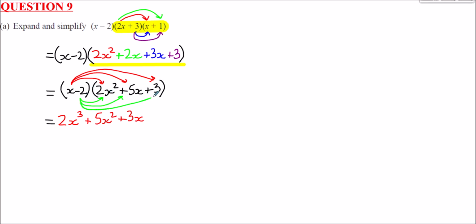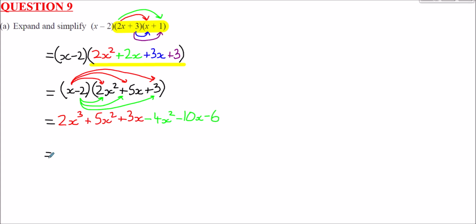And if we do that, I'll get minus 2 multiplied by 2x squared, which is minus 4x squared. Minus 2 multiplied by 5x gives minus 10x. And finally, minus 2 multiplied by positive 3. A minus multiplied by positive gives a negative, so we have minus 6.